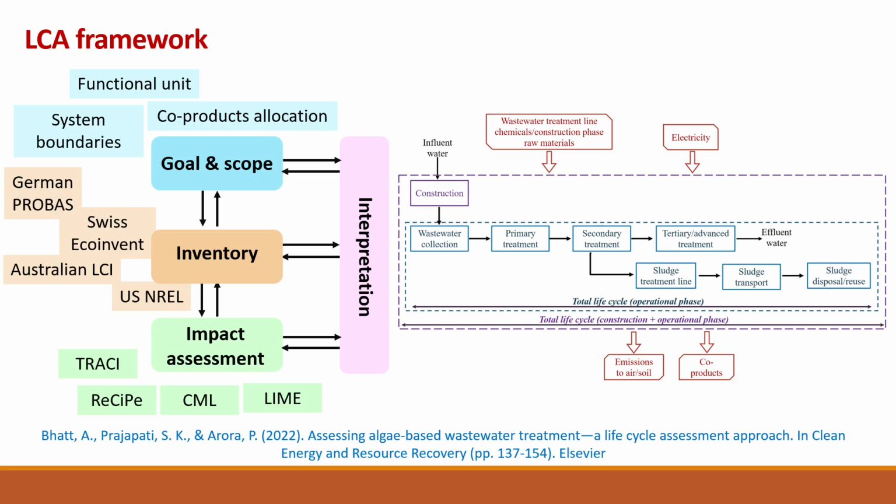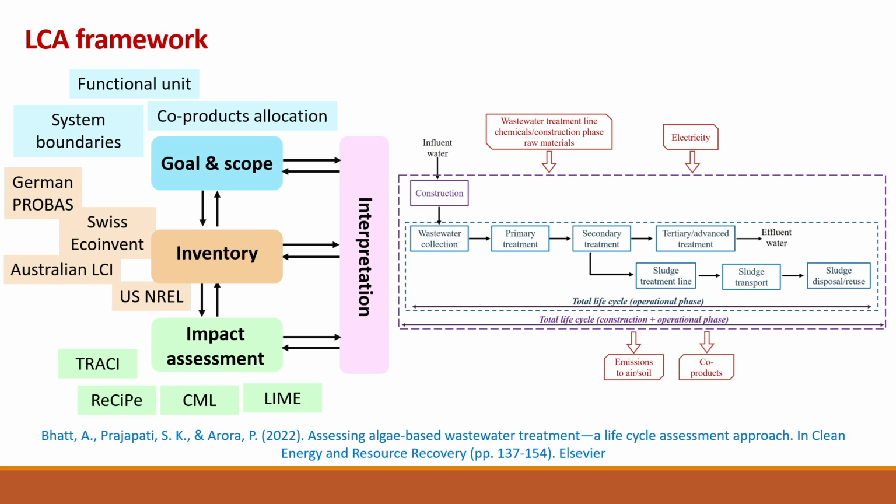When we talk about the second step, which is inventory analysis, here you can see I have written different terms like German Probas, Swiss EcoInvent, Australian LCI, US NREL. These are basically different databases. So what do we do in inventory analysis? Suppose we are talking about primary treatment, right?